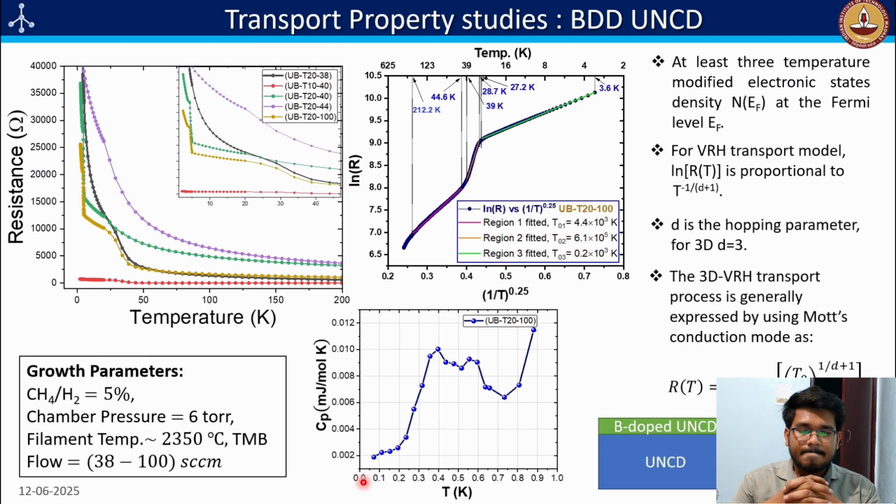So to fulfill that purpose, I grew an undoped layer of UNCD. It will give the structural stability of the thin film. On top of that, I grew UNCD for 120 nanometers. I did this purposefully because all this data was obtained at 120 nanometers, and I have studied that with the increase in thickness, this phenomenon is not happening.